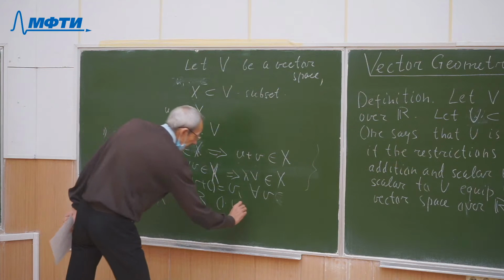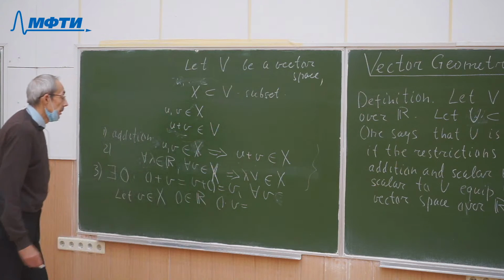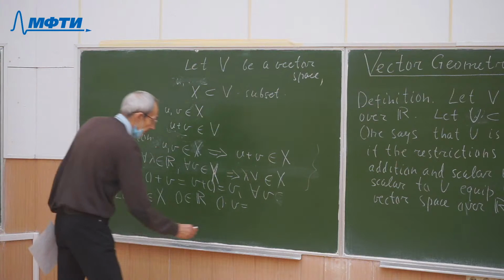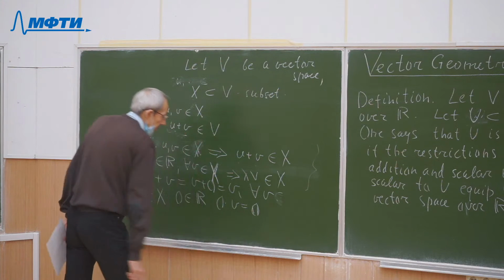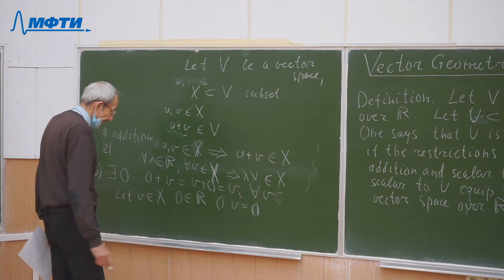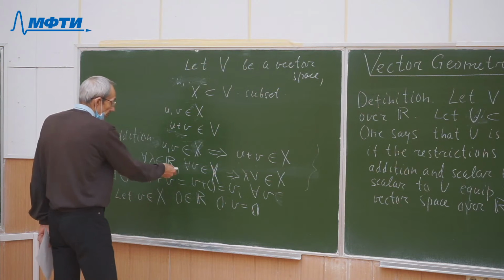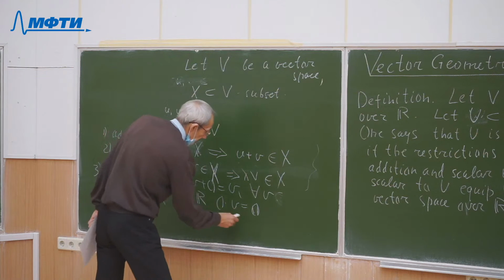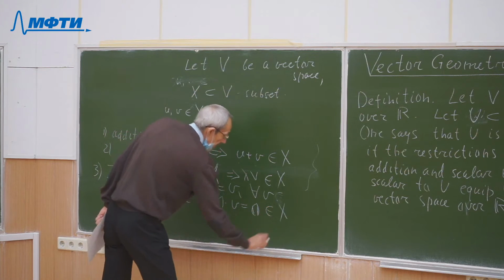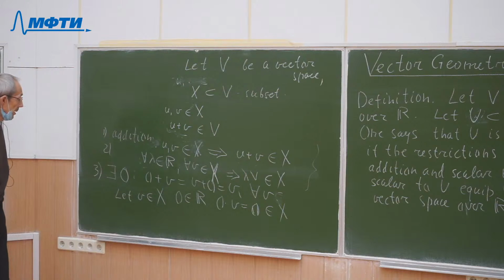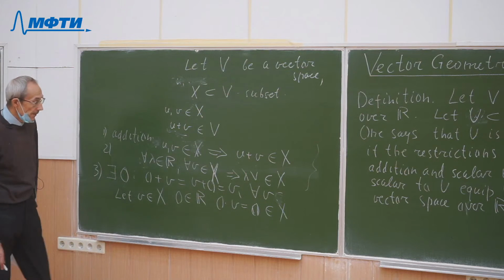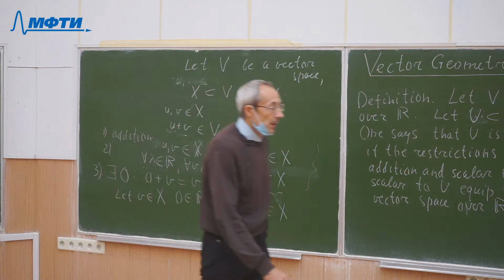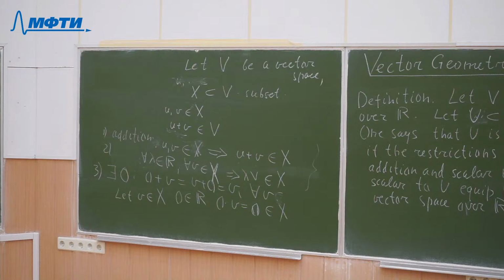In this case we get the zero vector, and from this condition it follows that this vector belongs to X, and we check this axiom.